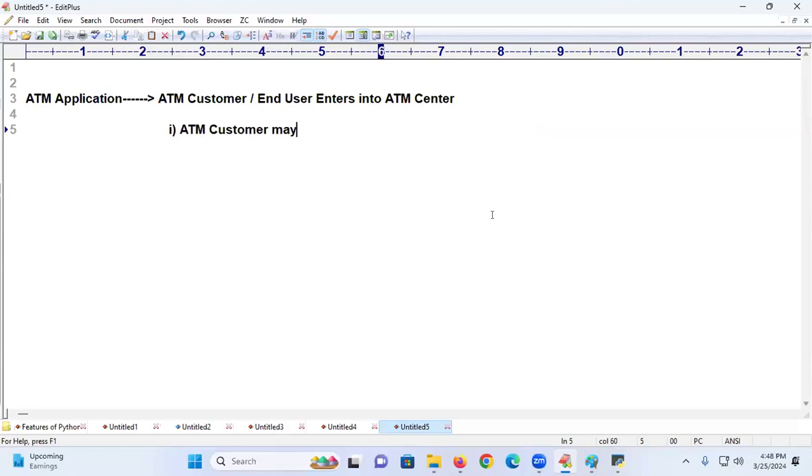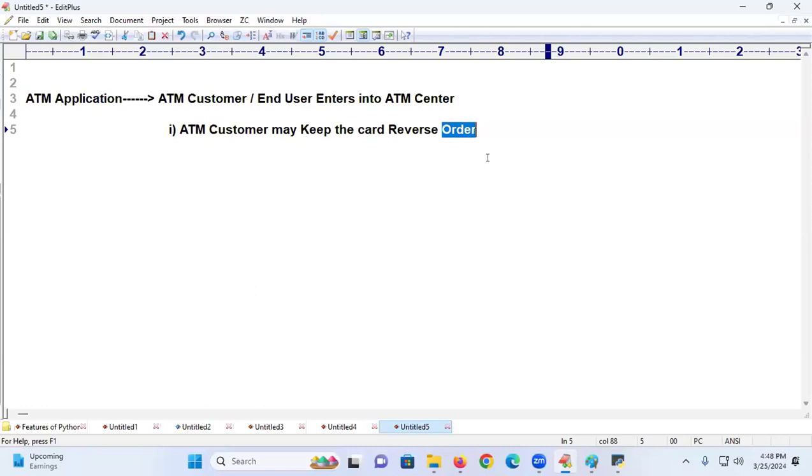The ATM customer may keep the card in reverse order. Are you able to follow? How can I know that it is in reverse order, first of all? That is a good logic or not?